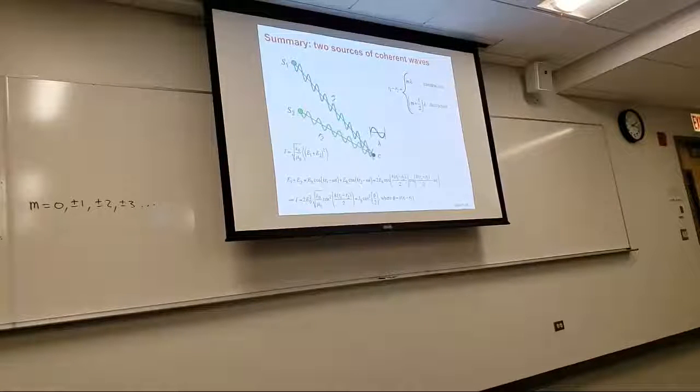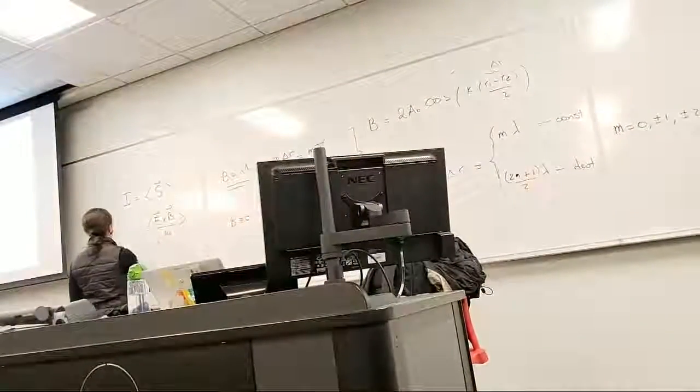What is the intensity of the light of the two waves that are coming together at one point in space called C? Well, I have to add the two waves, E1 and E2, square it, and take the average, remember? I is equal to the average of the Poynting vector, and the Poynting vector is E cross B over mu 0, so we have to take the average of that.